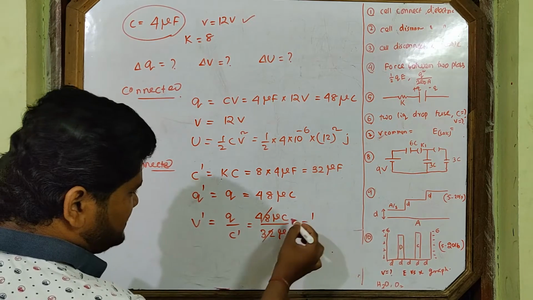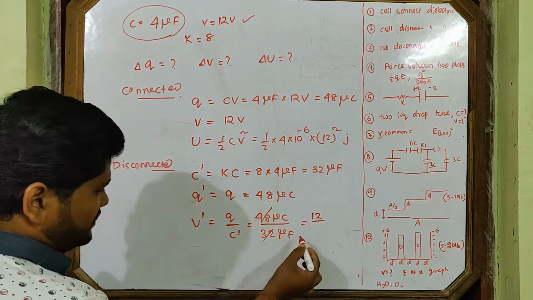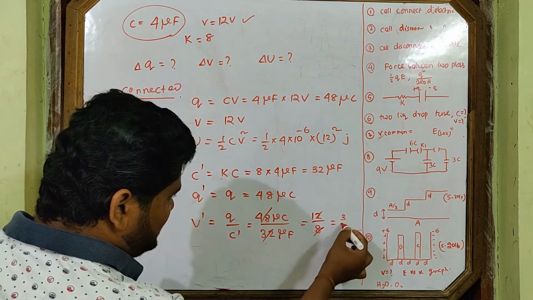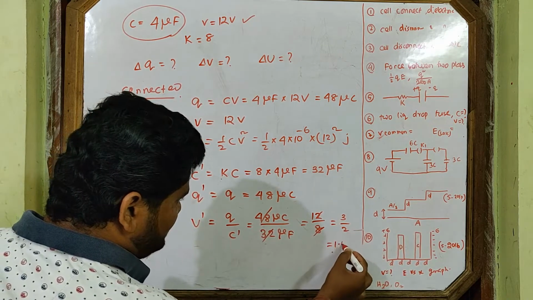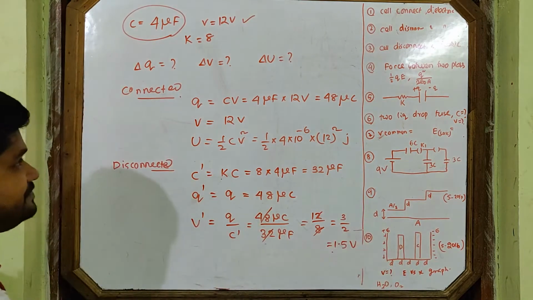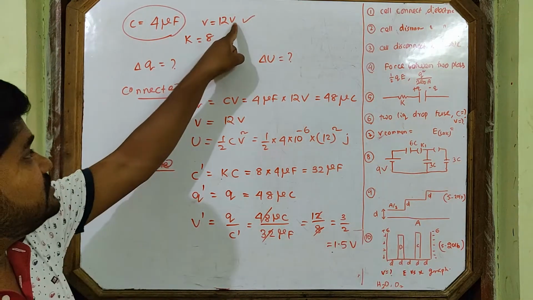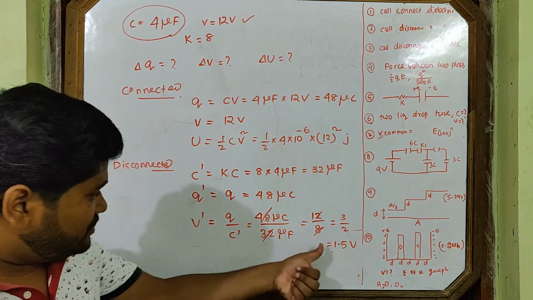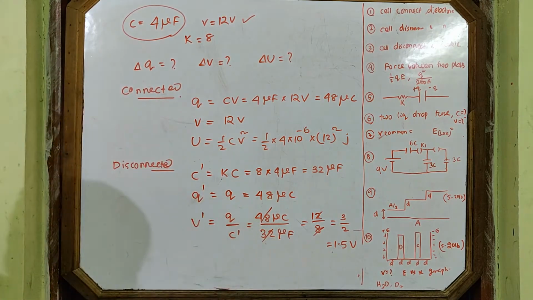Then in 4 it will cancel: 1, 2. In 8 again you cancel. This is 3 by 2. So 1.5 volt. But what was the potential? 12 volt. Now the potential difference is 1.5 volt. Now understand? Okay.